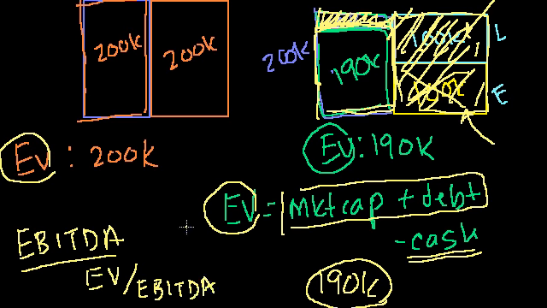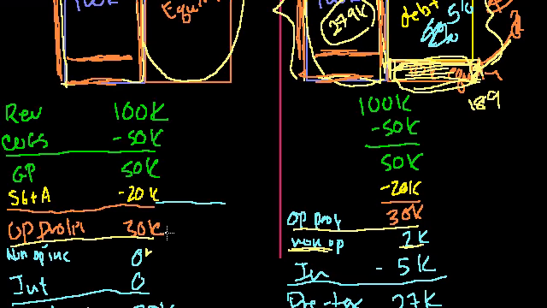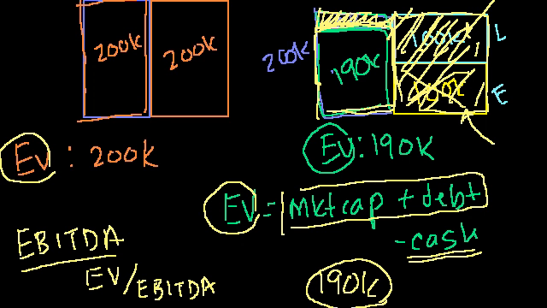But what I like to do is just think about, okay, what are the real earnings from the enterprise? Well, that's the operating profit. And then you can apply a multiple to that based on what other companies are trading at or how fast it's growing. So let's say in this case, they're both generating $30,000 in operating profit per year. Let's say I want to apply an EV to operating profit multiple, which I frankly think is a better metric than EV to EBITDA, and I'll cover EBITDA in a future video.